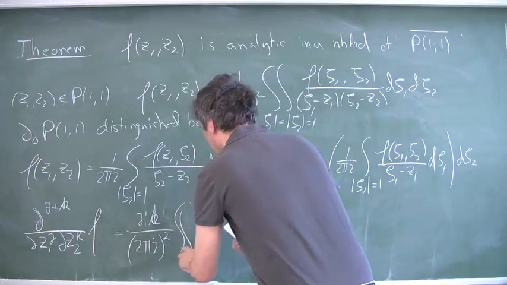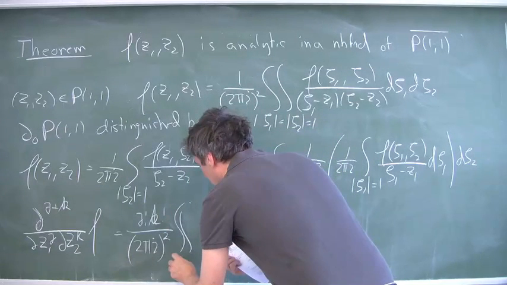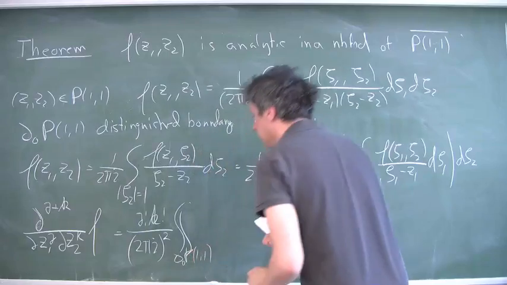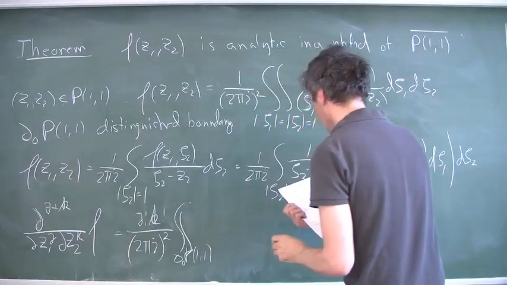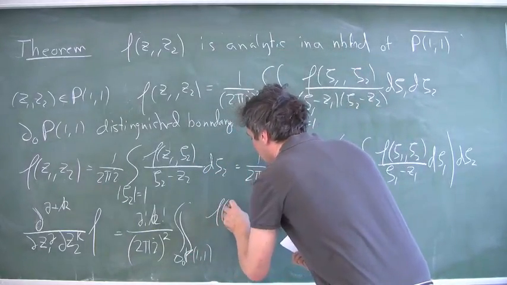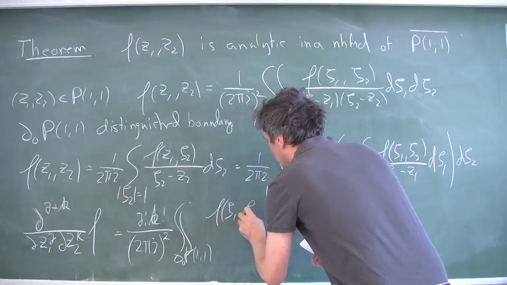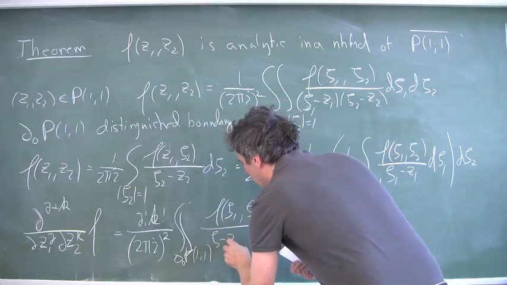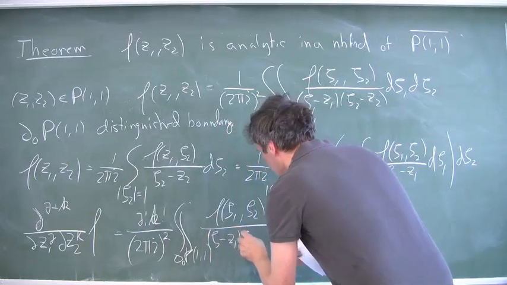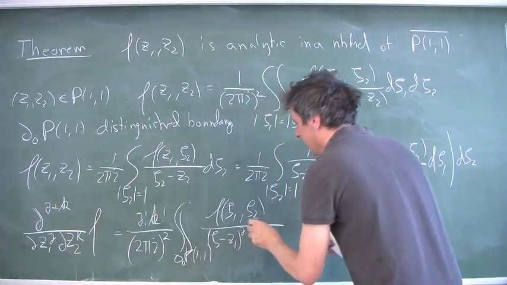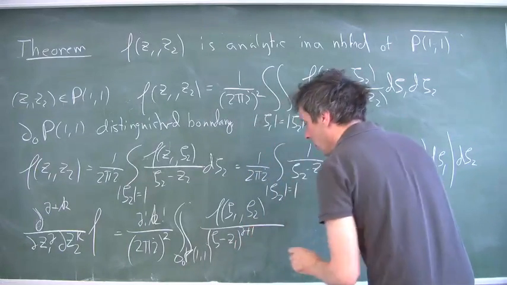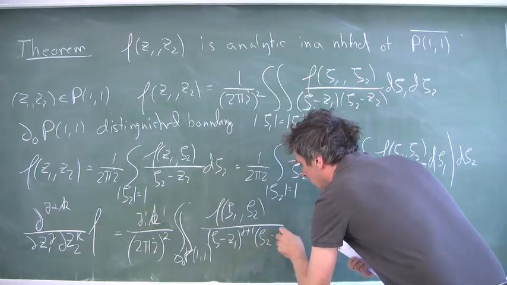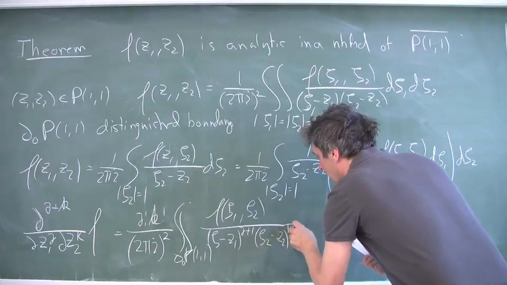And then you have, again, this integral over, I write it as the distinguished boundary here now. And then you have f of zeta 1, zeta 2, and divided now by zeta 1 minus z1 to the power j plus 1 times zeta 2 minus z2 to the power k plus 1.